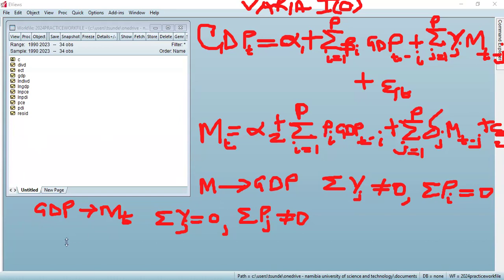And we also went on to talk about bidirectional causality, which is a situation where the two variables are both causing each other, right? So bidirectional causality, BDC, let me just summarize it.